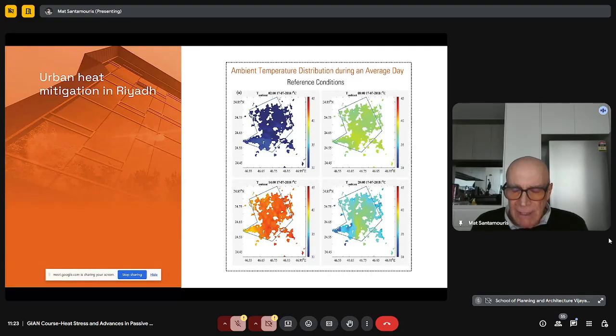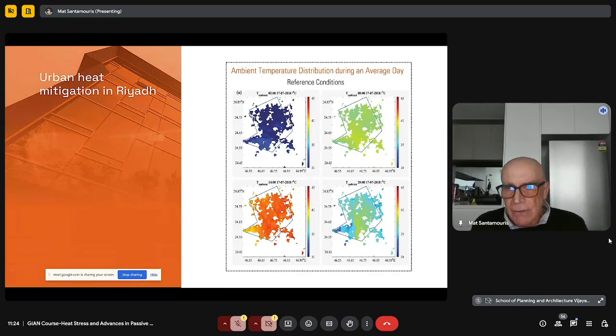So we had for every grid, 200 meters by 200 meters, for a whole year, the distribution of the main climatic parameters at this grid and also at the city scale. You can see, for example, that at 2 o'clock at night, the reference distribution shows a temperature at the city level close to 30 degrees.